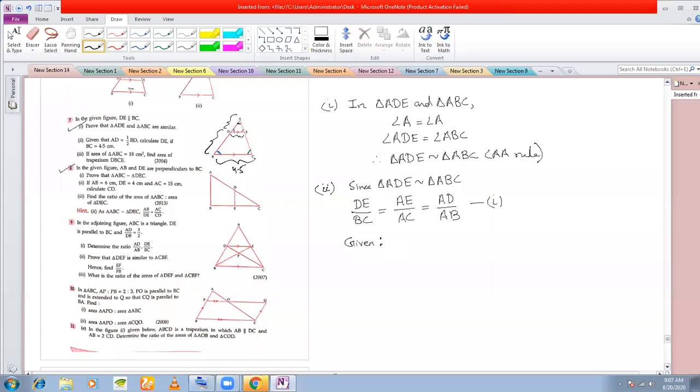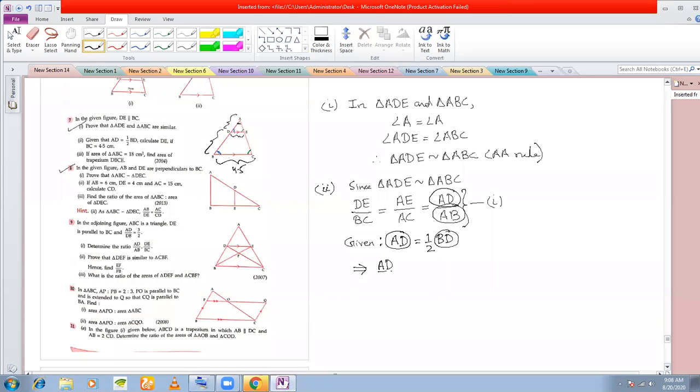It is given to you that AD is equal to half of BD, right? But what is the relation you know here? You know AD by AB, right? This is what you have to find out. But you are given the relation between AD and BD. So from AD and BD, you have to find AD and AB. So let's attempt this. This is something very simple.